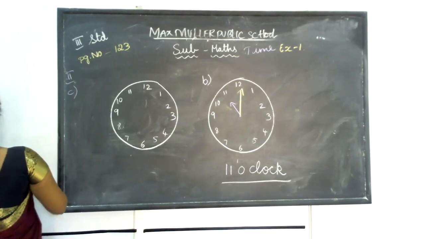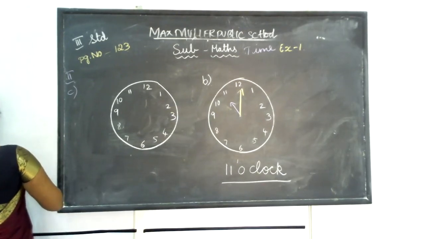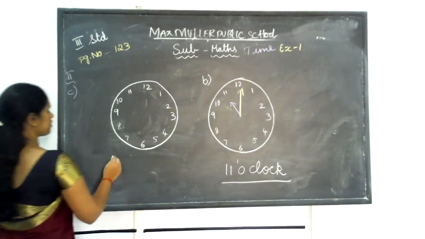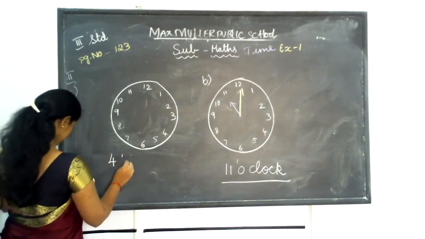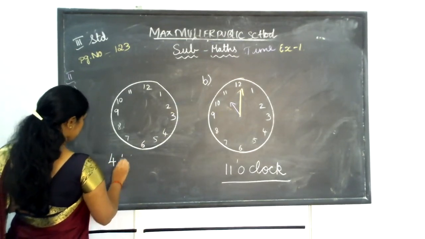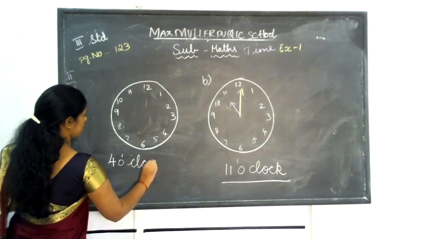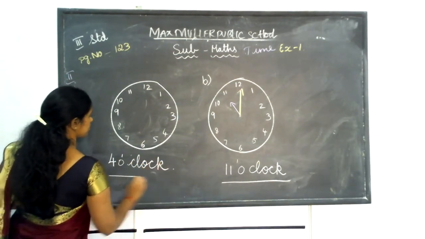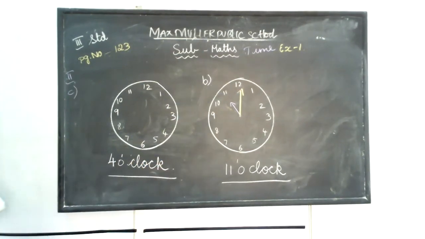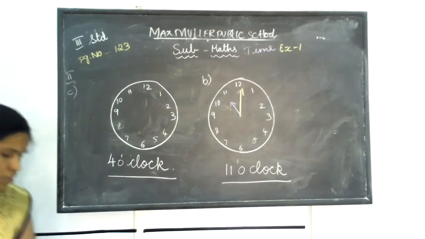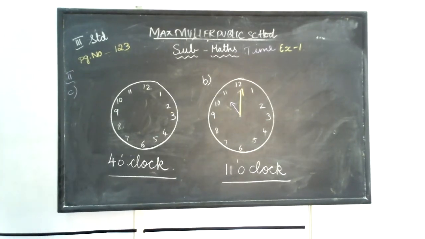What is the time they have given? They have given 4 o'clock. How will you draw now? The short hand should indicate 4. The long hand should indicate 12.